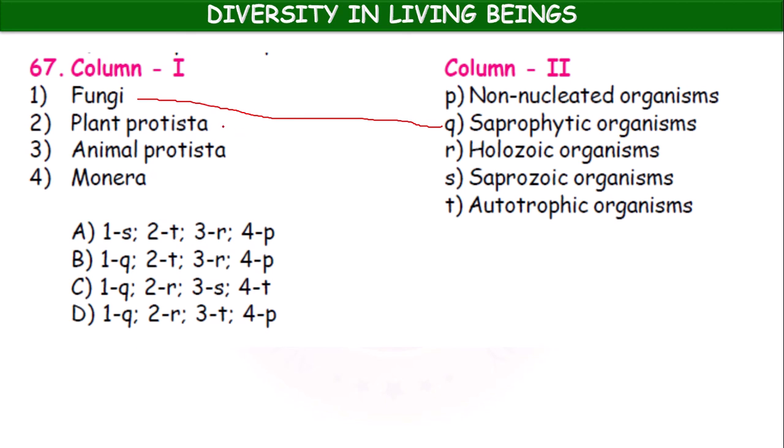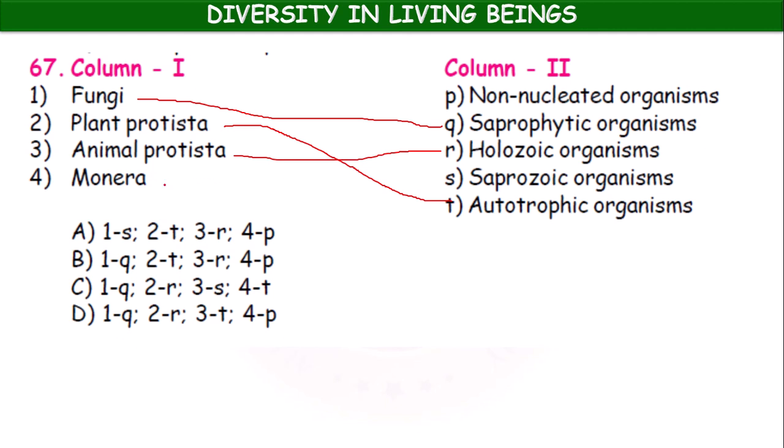Plant protista. So plant protistans are autotrophic organisms. Okay, animal protista, holozoic organisms. Example, amoeba.